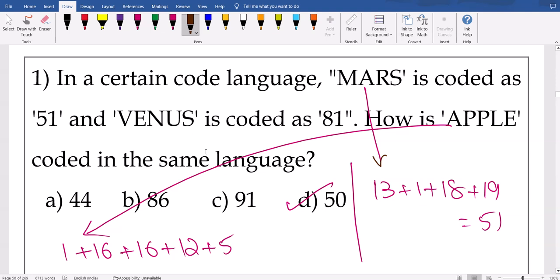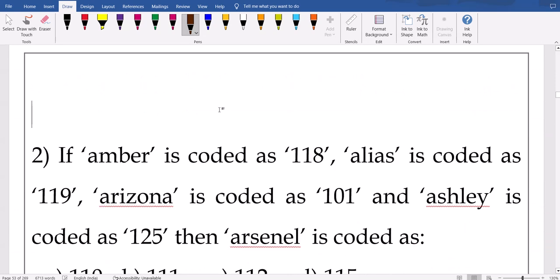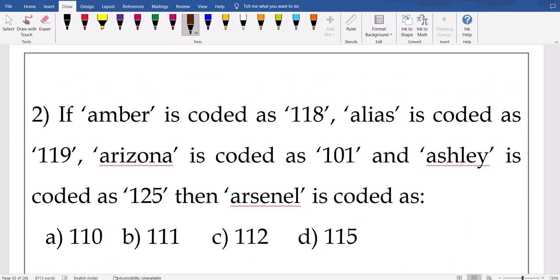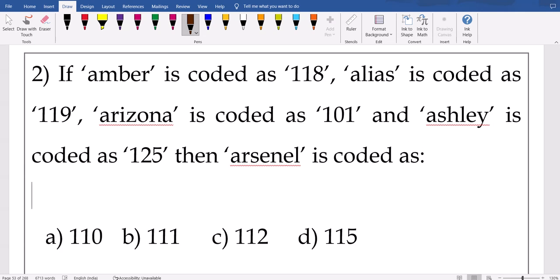Perfect. Now let's focus on the next one. Here they have given 118, 119, 101, 125. We have to focus on this question. So Amber is given as 118. First focus on forward coding, if not, reverse coding as well.